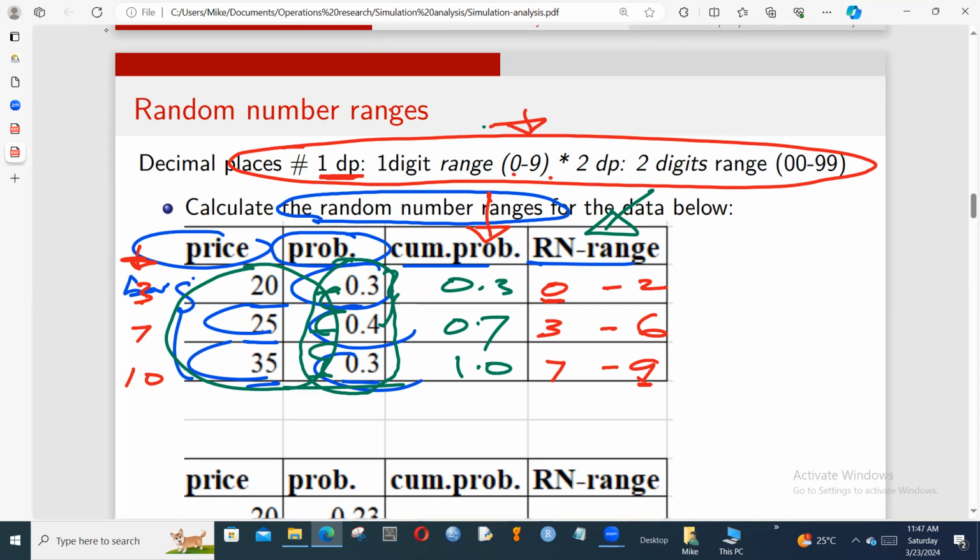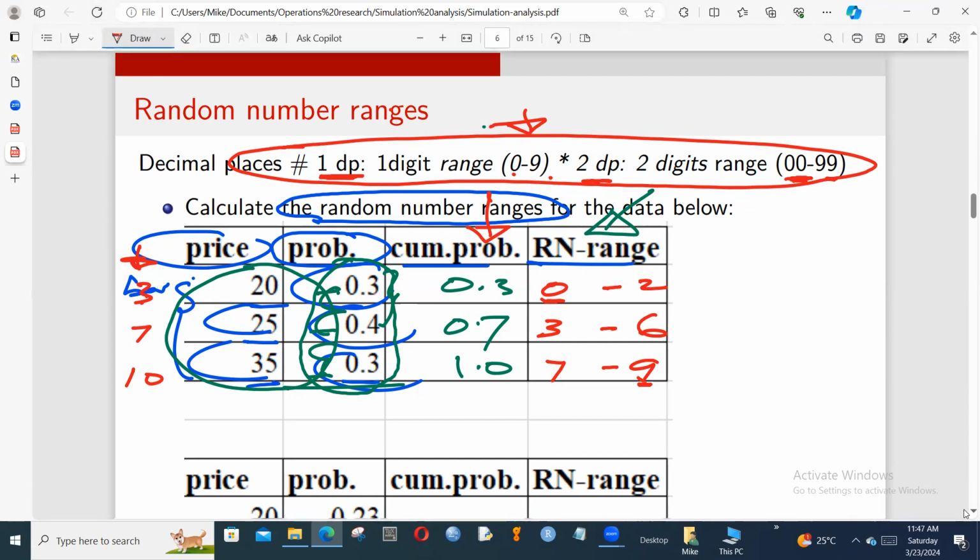So they will be between 0 and 9. But we can also have scenarios where the cumulative probabilities are in 2 decimal places, like the example we're going to have next in computing the range of random numbers. And you're going to see that the range of random numbers will begin from 00 and end at 99.